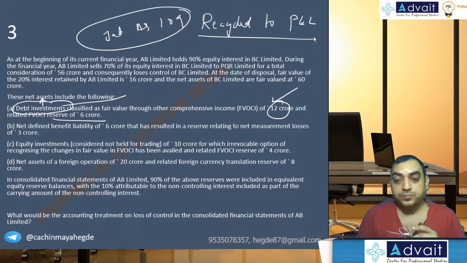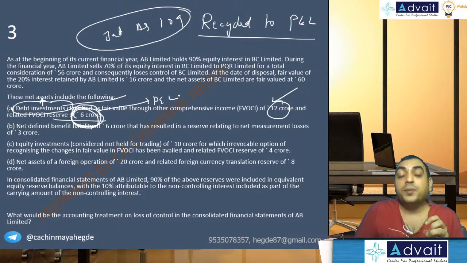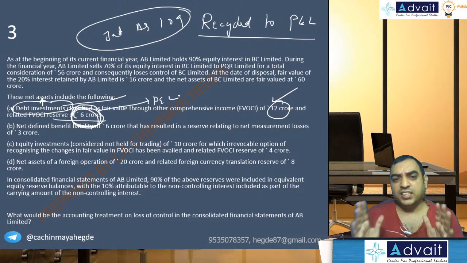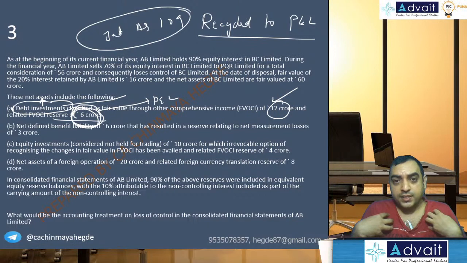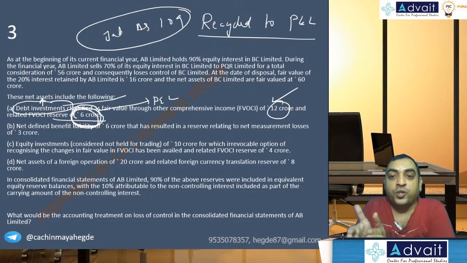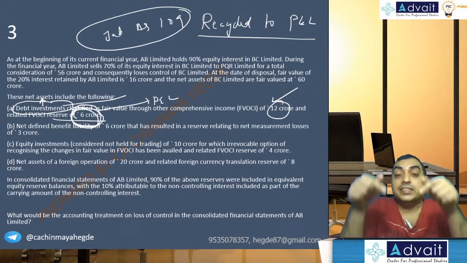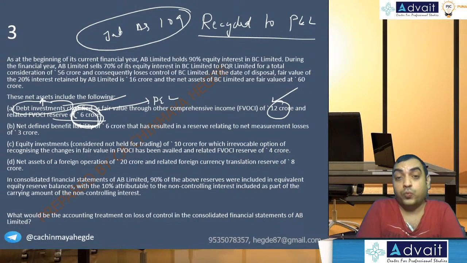Therefore, this fair value reserve is there, 6 crores should be transferred to P&L. Very simple situation. If you are a person having investments in the nature of debt classified as FVOCI, you sell it, what will happen to its FVOCI reserves? Will be transferred to P&L account. That's what you would have done.